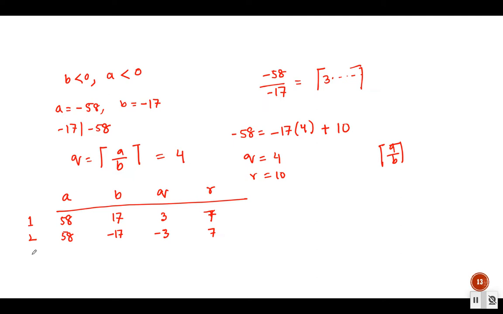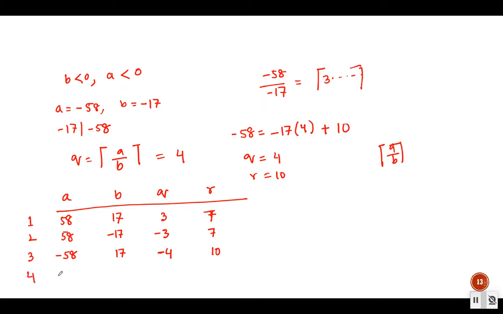Case 3 is a is negative, minus 58, and b is positive. We saw the examples of how we can find that. It is going to be minus 4, and r is going to be plus 10.